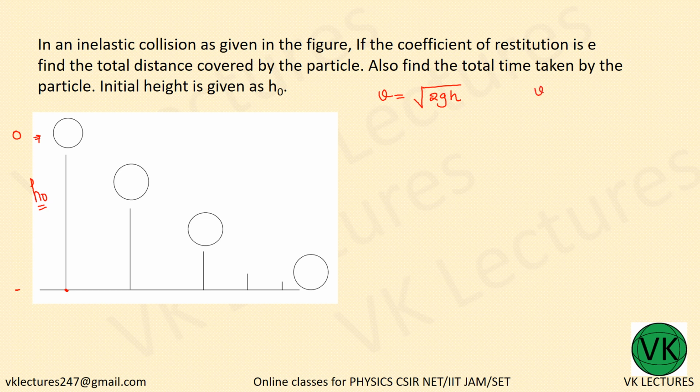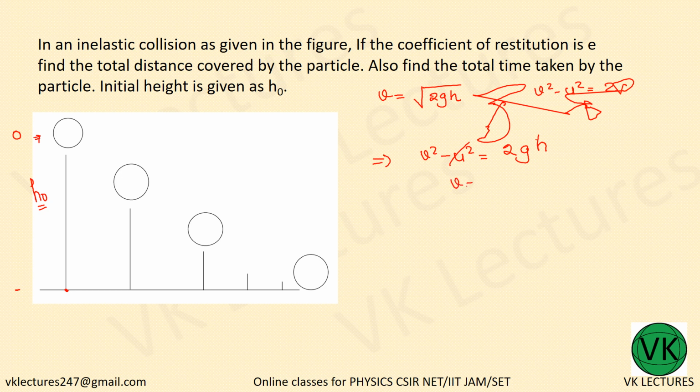This is nothing but from v square minus u square equal to 2as, where a is the gravity acceleration, so 2gh, and u equal to 0, so you can write it as under root 2gh.